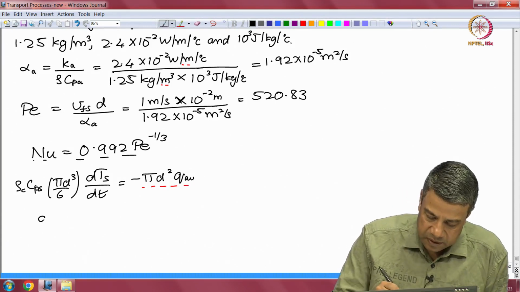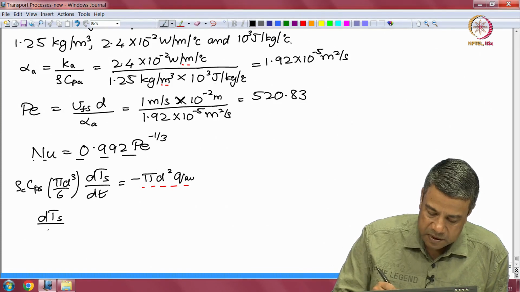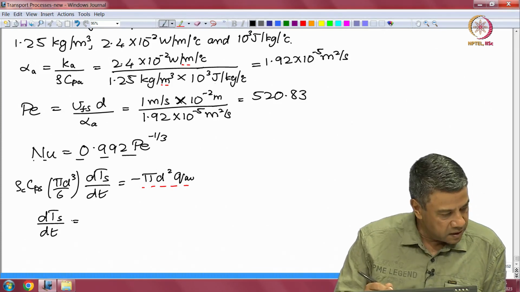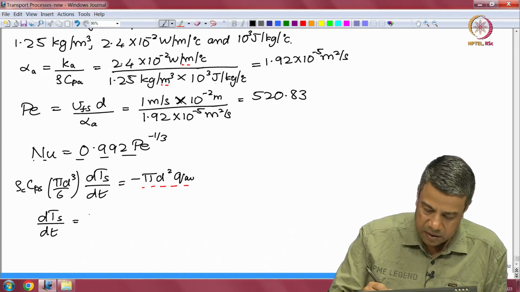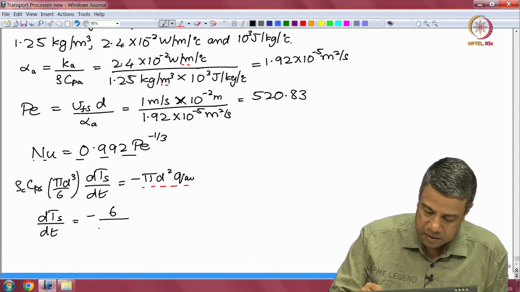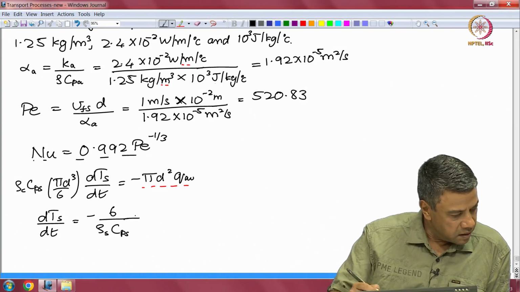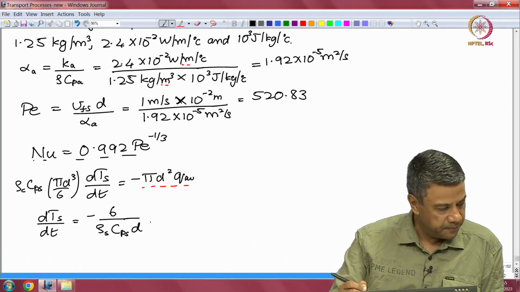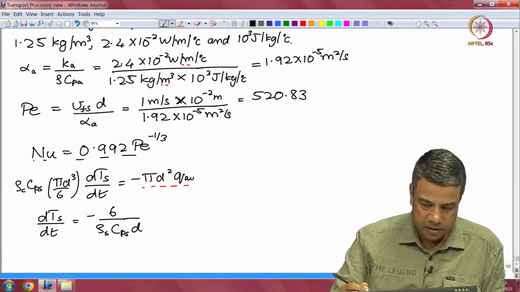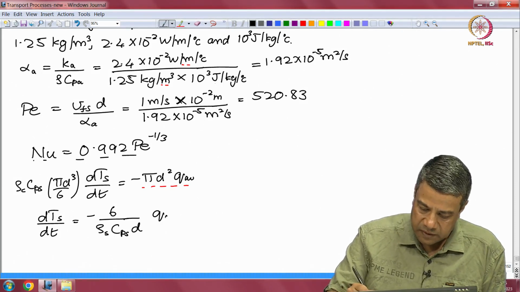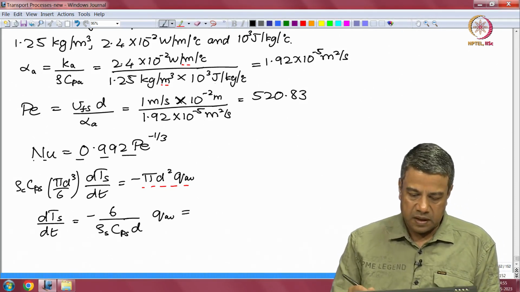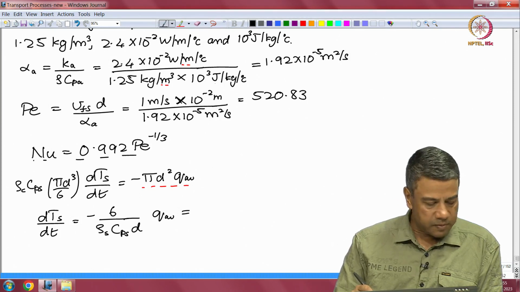So, therefore, the rate of change of temperature is equal to minus 6 by rho s Cps into d, into Q average, and then I substitute the Nusselt number correlation.